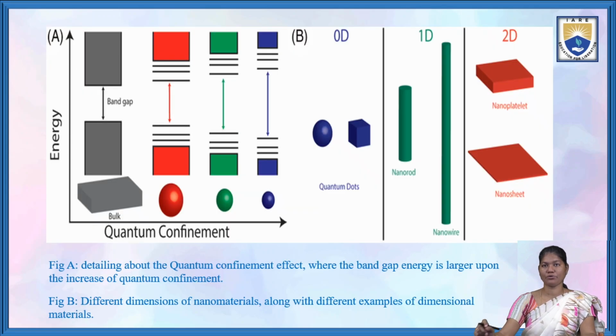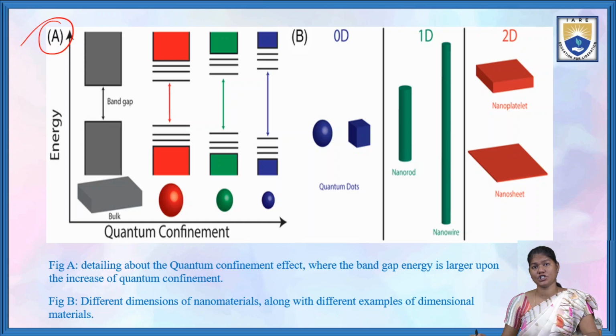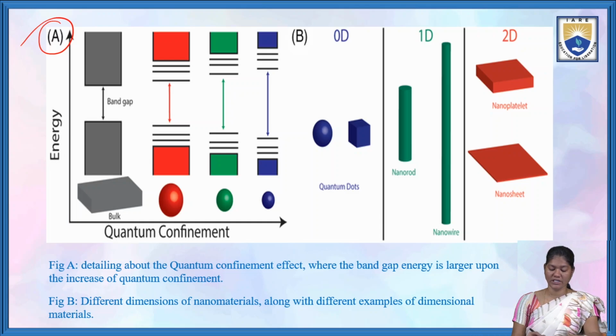So let's see through the diagram. When taking quantum confinement of bulk materials, taking bulk material to nano-sized particles, this figure A shows detail about the quantum confinement effect, where the band gap energy is larger upon the increase of quantum confinement.